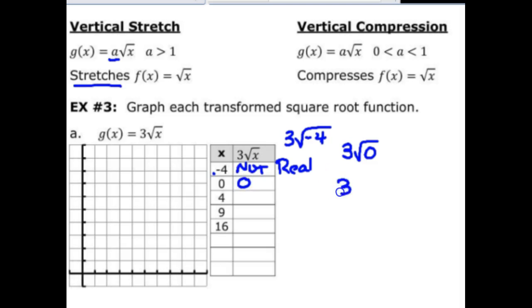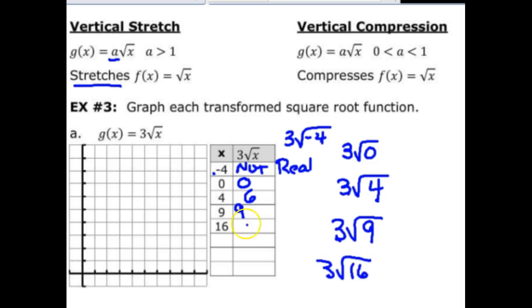The next one is 3 times the square root of 4. The square root of 4 is 2. 2 times 3 is 6. 3 times the square root of 9. The square root of 9 is 3. Times 3 is 9. 3 times the square root of 16, that's equal to 4. 4 times 3 is 12.